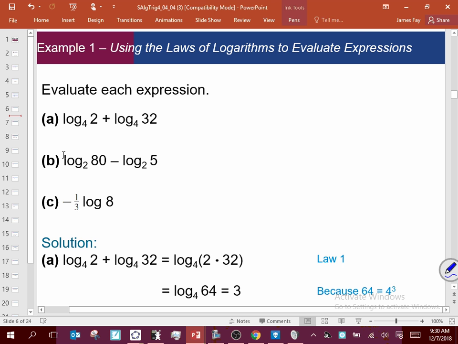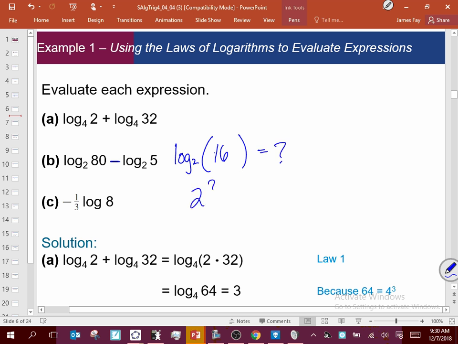Okay, B says it's subtraction, right? So log base 2 of, how am I going to rewrite that? If I have subtraction, it turns into what? Division. So I'm going to rewrite that as 80 over 5. So 80 over 5 turns into what? 16. So I got log base 2 of 16, right?